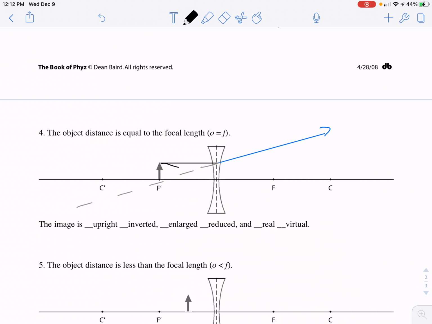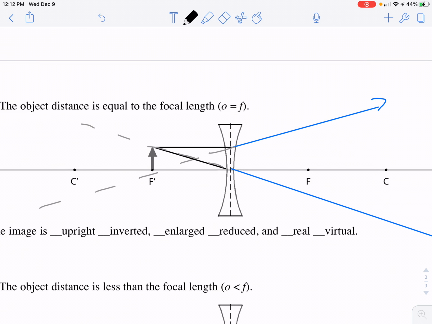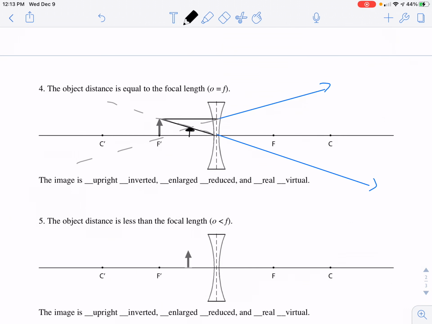Then we're going to go through the center of the lens, unrefracted. Draw your back ray. You can see the image forms, again, an upright, reduced virtual image.